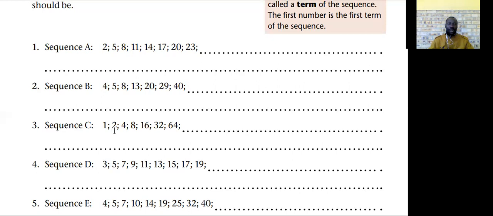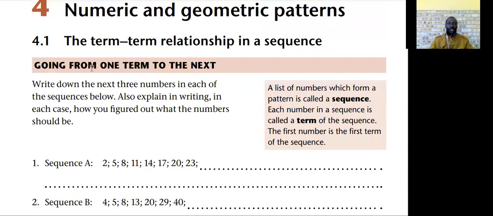When we multiply 2 by 2, we get 4. We multiply 4 by 2, we get 8. See that? And to multiply 8 by 2, we get 16. So you multiply the previous term by 2 to get the next term. This type of relationship is called term-to-term relationship in a sequence.